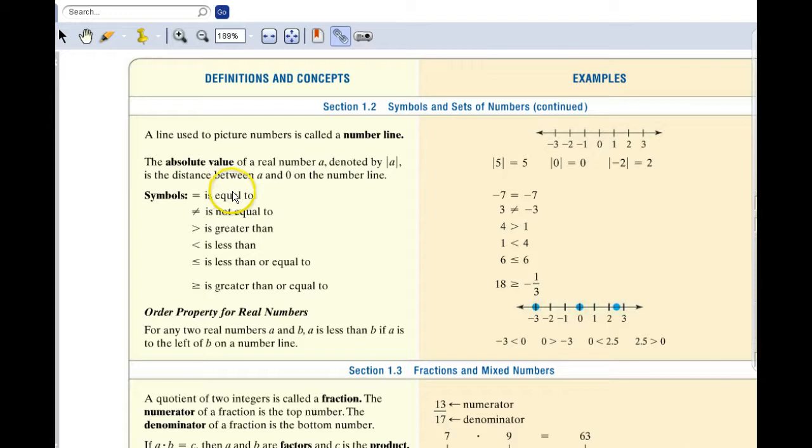And these are the symbols most often used in mathematics. And then we talked about order property of real numbers, that anything to the left of something on the number line is less than. Anything to the right is greater than.